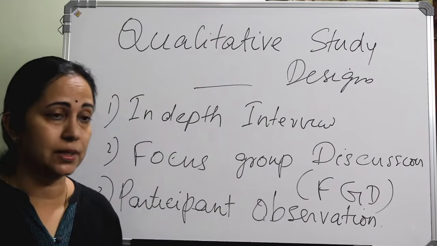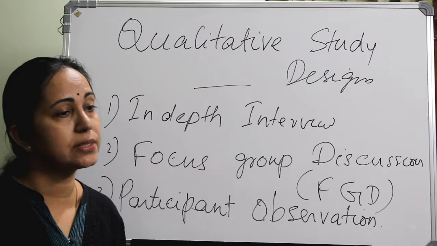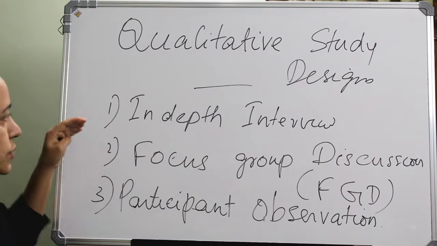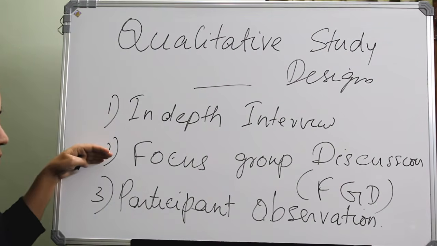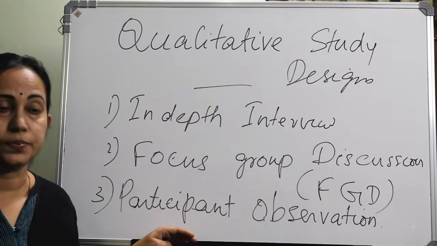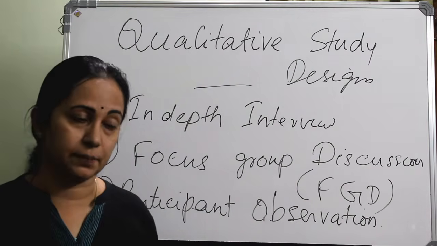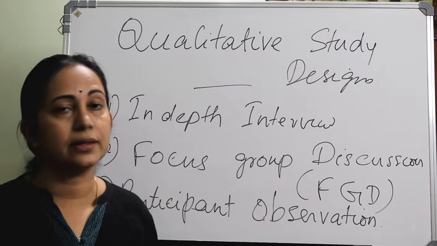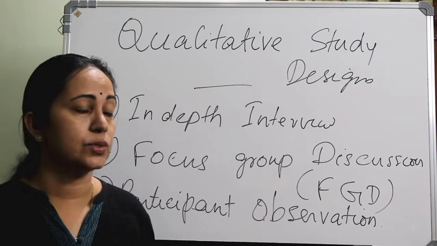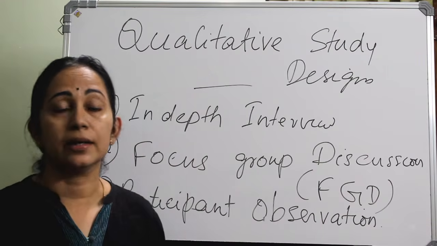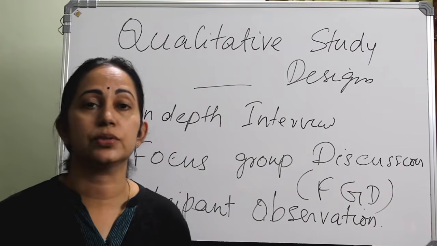It is very subjective, as I already told, and there are some differences from quantitative study design also. For data collection, we use either in-depth interview, focus group discussion, or participant observation. In the analysis part also, there is some difference. We go for either content analysis or thematic analysis in qualitative study design. And the software we use is also different.